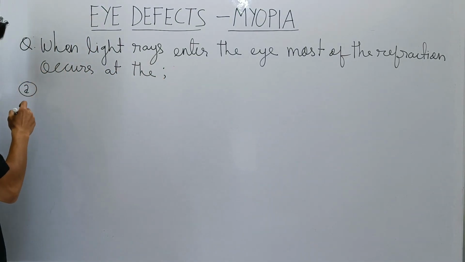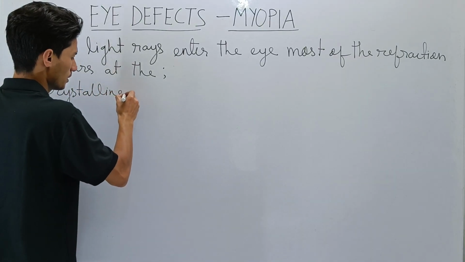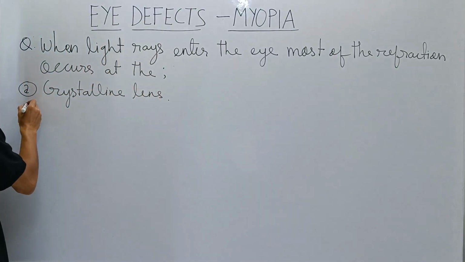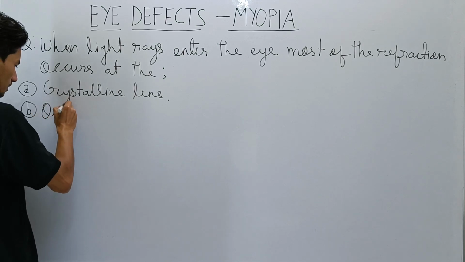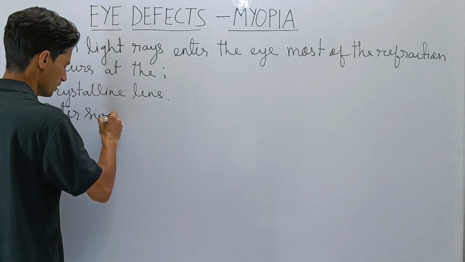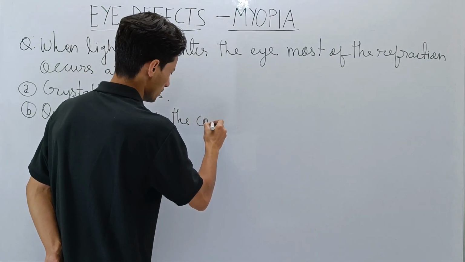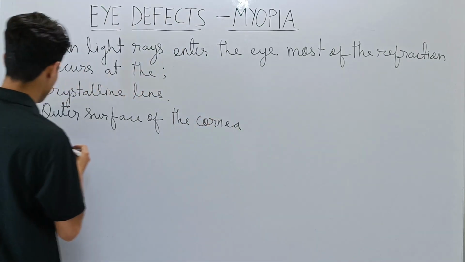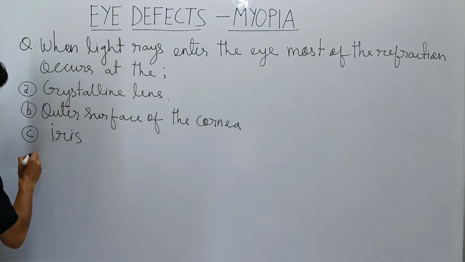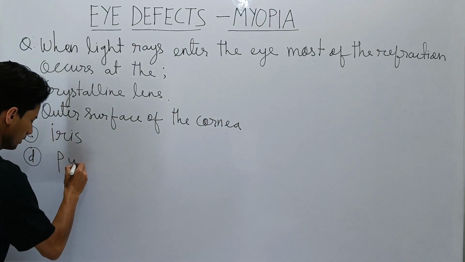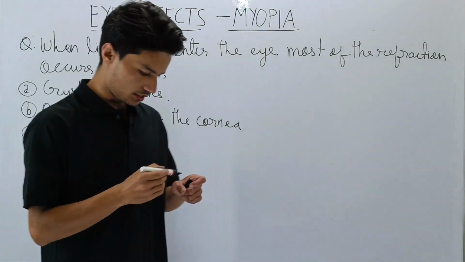The options are: option A, crystalline lens; option B, outer surface of the cornea; option C, iris; option D, pupil. So this is the question, class.